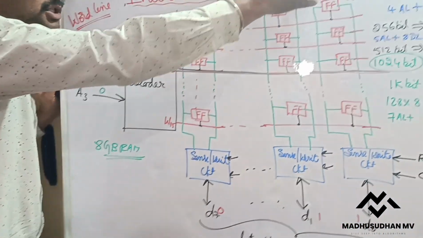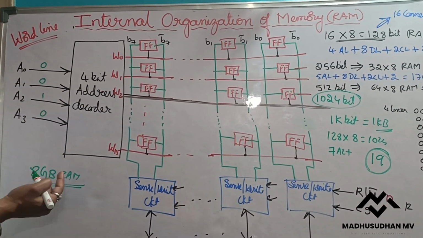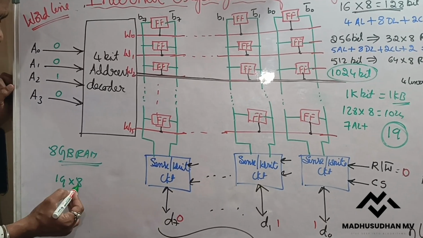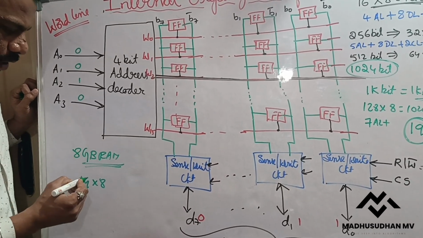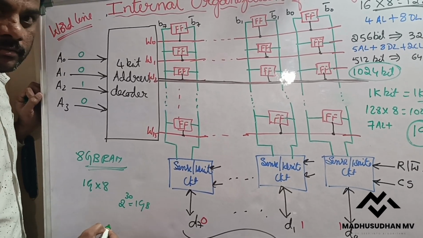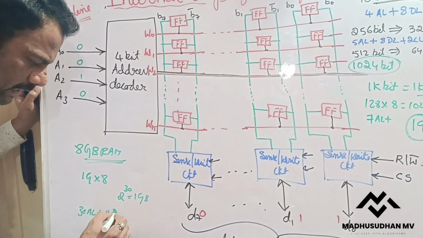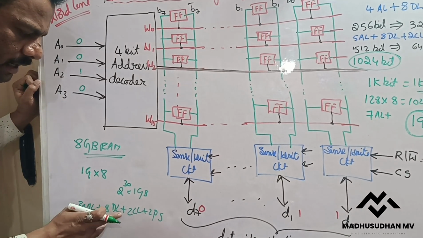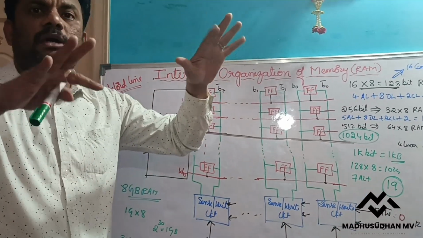Now you can decide how many external connections you need. 8 GB divided by 8 is 1 GB, so 1 GB into 8, since 8 bits is 1 byte. 1 GB means 2 to the power of 30 is equal to 1 GB. That means you need 30 address lines plus 8 data lines plus 2 control lines plus 2 power supplies. Totally 30 plus 8, 38, 40, 42 external connections.